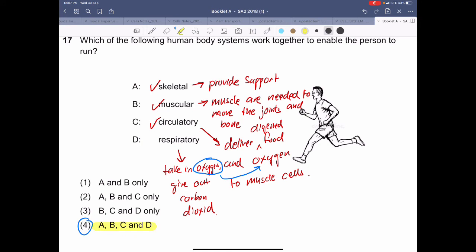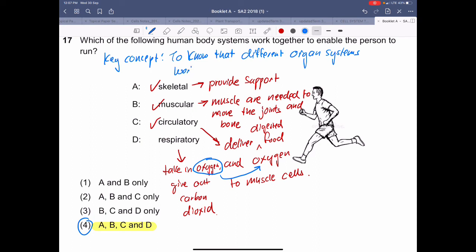All 4. So the key concept that is tested here is to know that different organ systems work together to enable an organism to function.